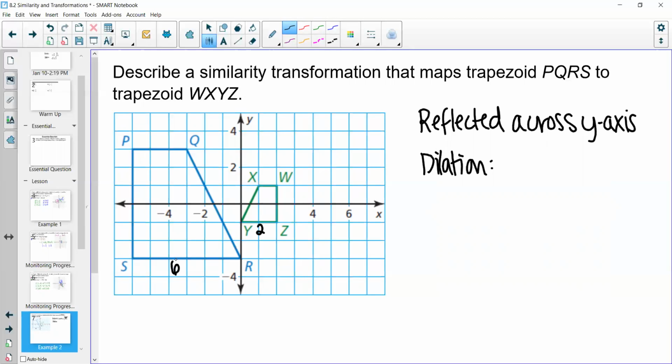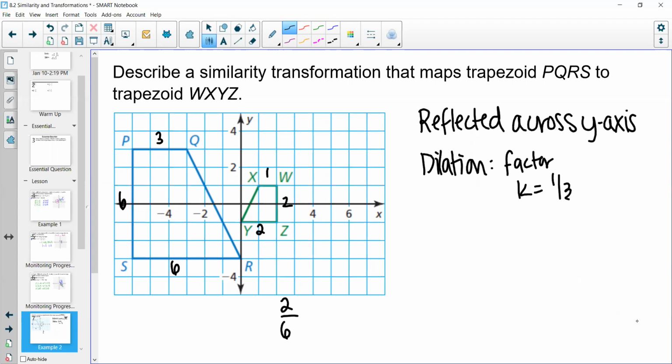So our original one was 6, and then it shrunk to a 2. Similar here, we had a 3 that shrunk to a 1, and a 6 that shrunk to a 2. So it seems like our factor here, or that K, is going to be 1/3, right? The way we can figure that out is the new one divided by the old one. So 2/6, or 1/3. So that dilation is by a factor of 1/3.